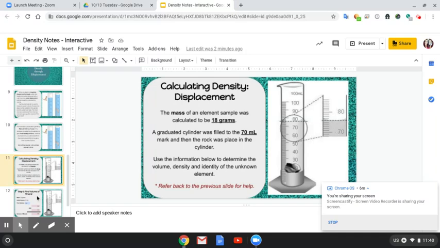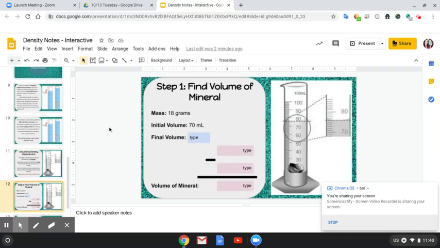We're going to be solving this one on the next slide. So our mass was 18 grams. Our initial volume was 70. So what is our final volume? What did that go up to? So let's count. So that's 70, 71, 72, 73, 74, 75, 76. So 76 is our final.